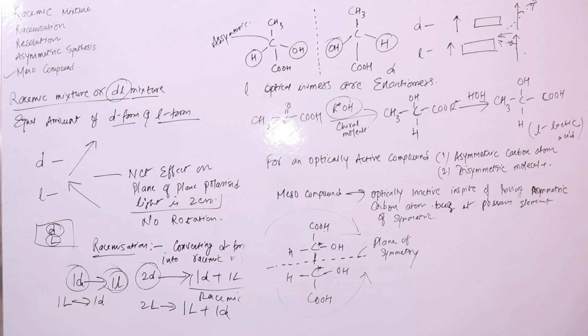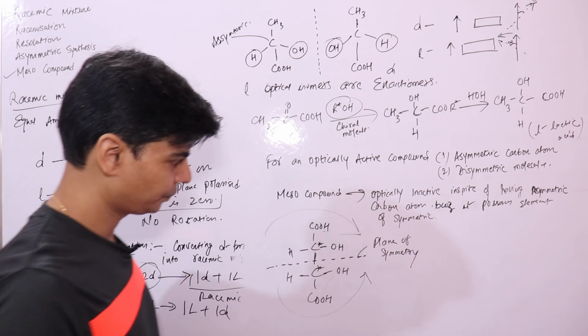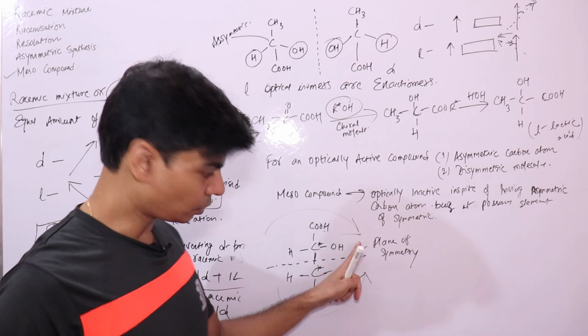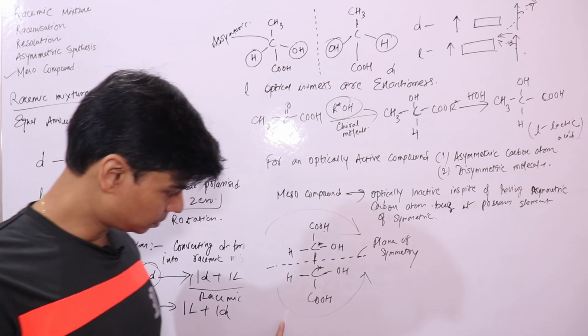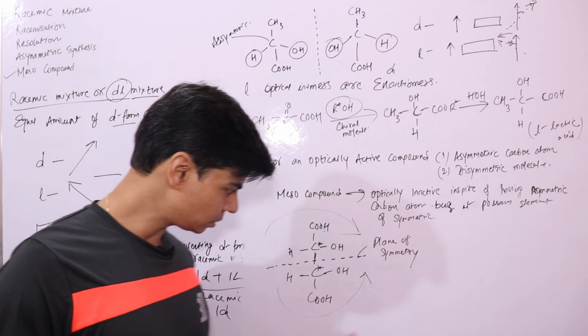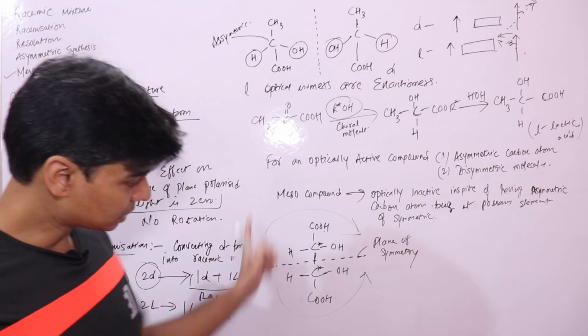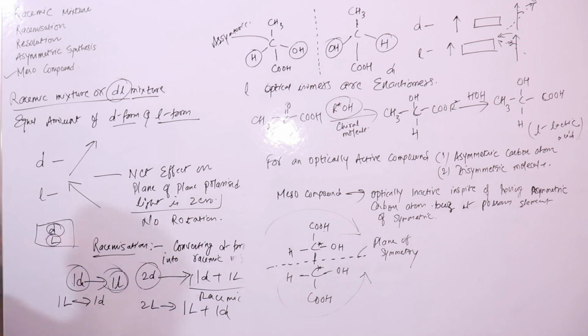So such compounds are your meso compounds. And like I said, the rotation caused by the upper half is compensated by the rotation caused by the lower half, and the net rotation is zero. This is known as internal compensation, where the rotation caused by one half is compensated by the rotation caused by the other half.